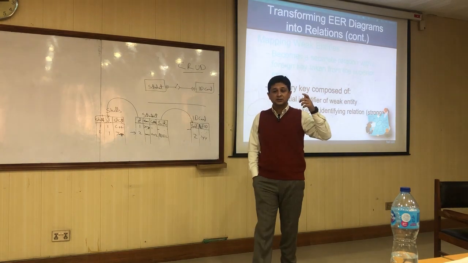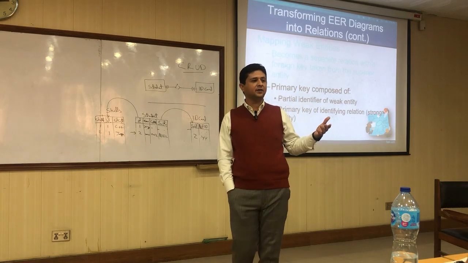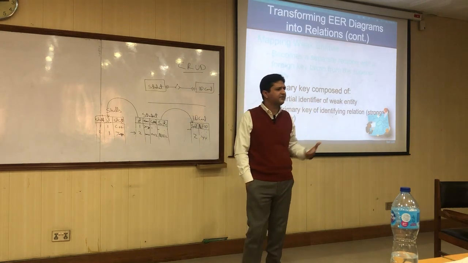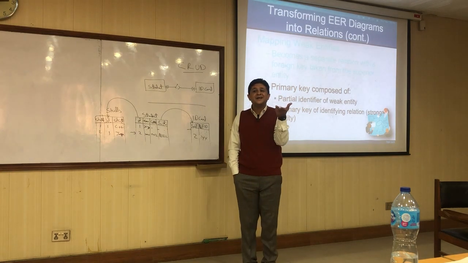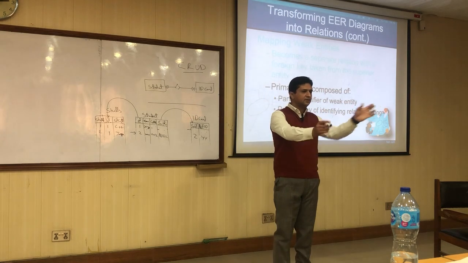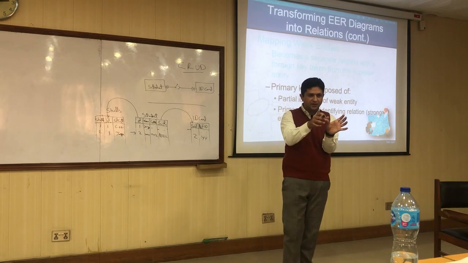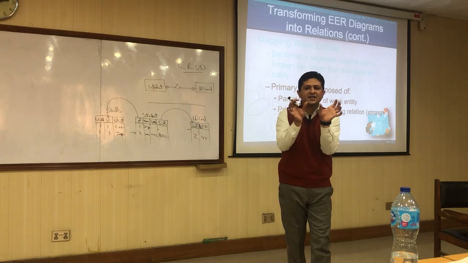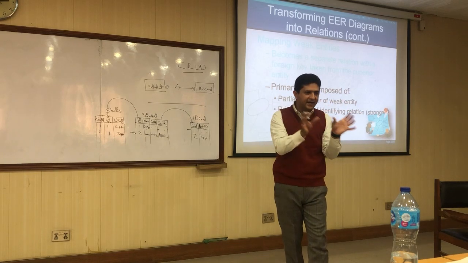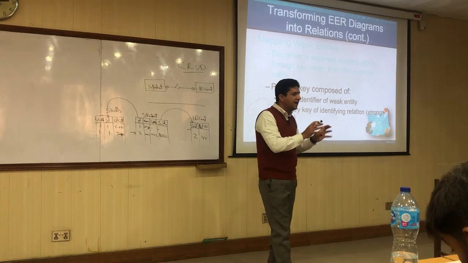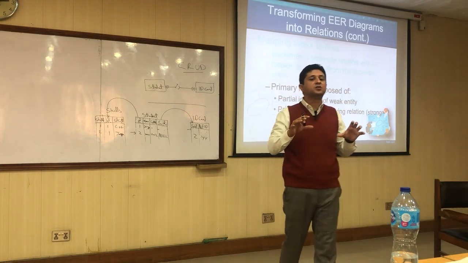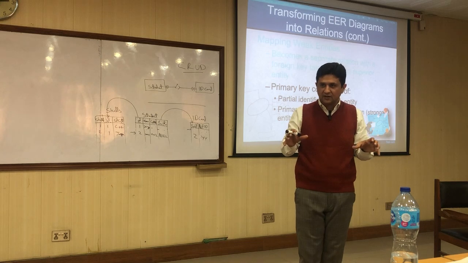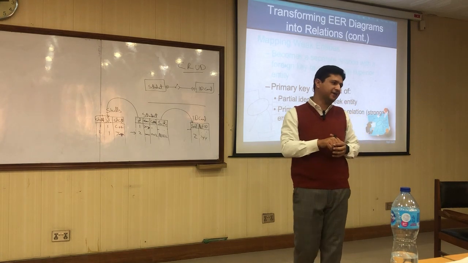So the weak entity has a partial identifier that is combined with the foreign key. Okay, as I told you, the foreign key is taken from the superior relation. That foreign key is combined with the partial identifier of the weak entity, and that combination is then used as a primary key for that particular newly created relation.